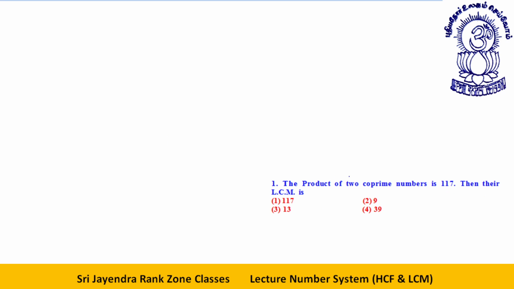The next question is, the product of two co-prime numbers is 117. Then their LCM is, dear students, we are being told A into B is equal to 117.